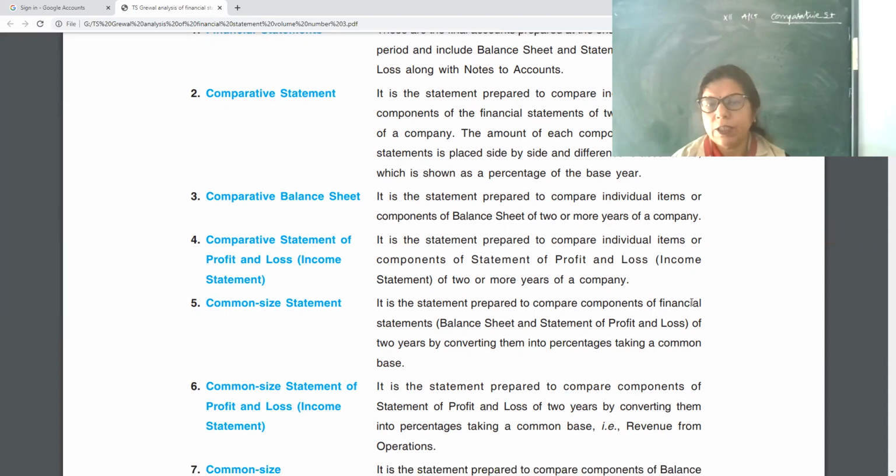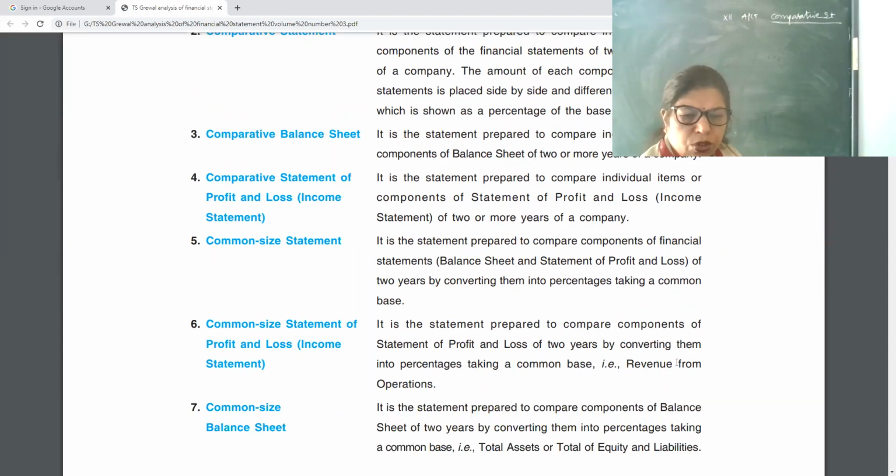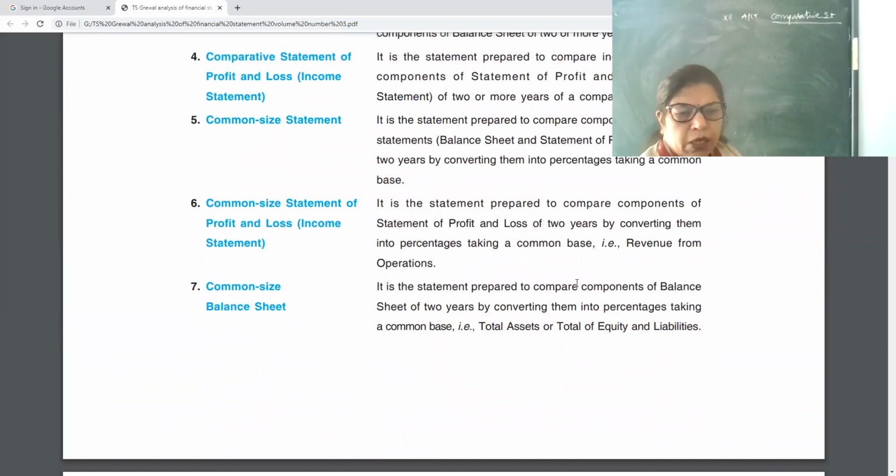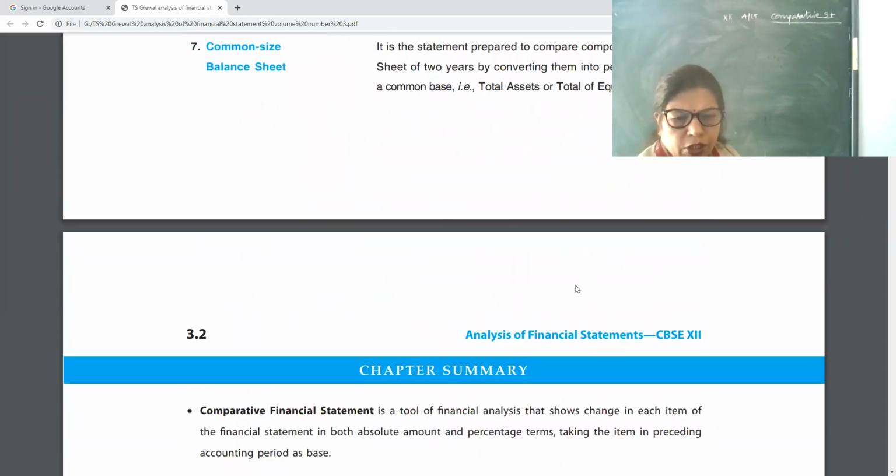Generally, in the balance sheet, the common base is total of assets or total of liability side. And in statement of P&L, the base is RFO, revenue from operation. When we do the numerical, that time I will explain you. Okay, so common size statement is also of two types, income and balance sheet, same way.